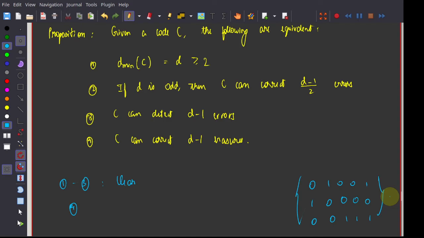The minimum distance is 3. Now suppose I give you 0, 1, erasure, 1.